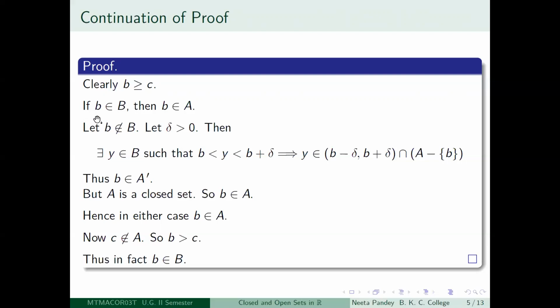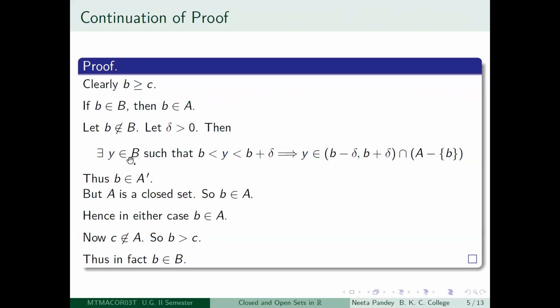And here we had in general b less than or equal to y. But now in our case, we have assumed that b is not in capital B. So if y belongs to capital B, automatically y will be not equal to b. So we can clearly write that for little b, I will be able to get a little y in capital B such that little b is less than y is less than b plus delta. So what does that tell you about y? y belongs to the open interval b minus delta to b plus delta.